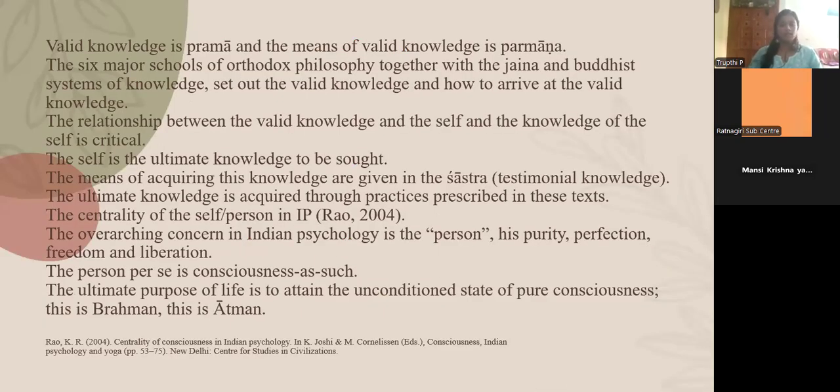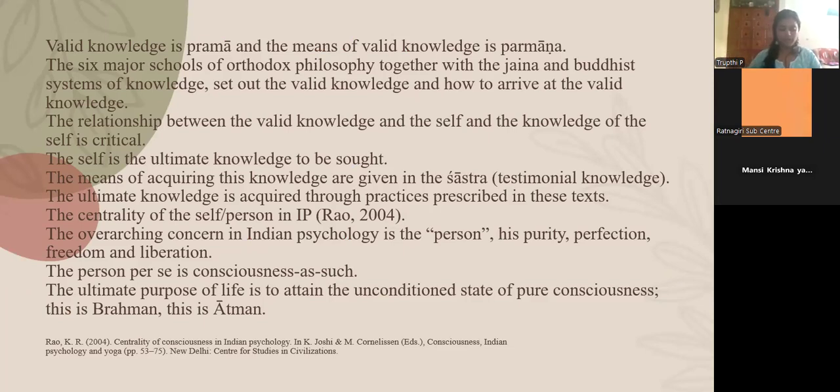Now, valid knowledge is known as prama, and means to this valid knowledge. Like I said, the previous three is what we are continuing with right now. Now, there are six major schools of orthodox philosophy together with Jaina and Buddhism. Systems of knowledge set out the valid knowledge and how to arrive at this knowledge.